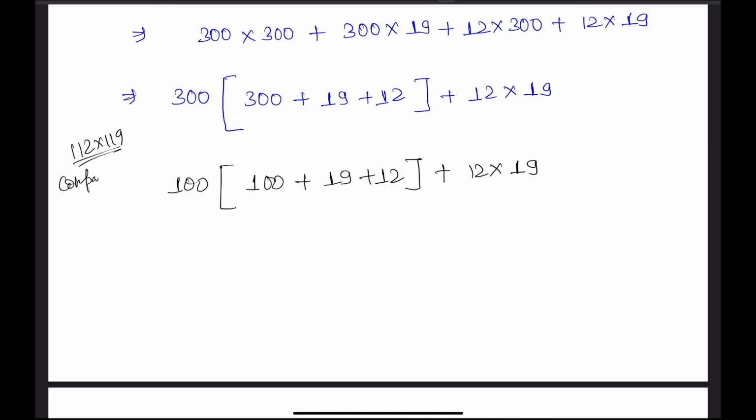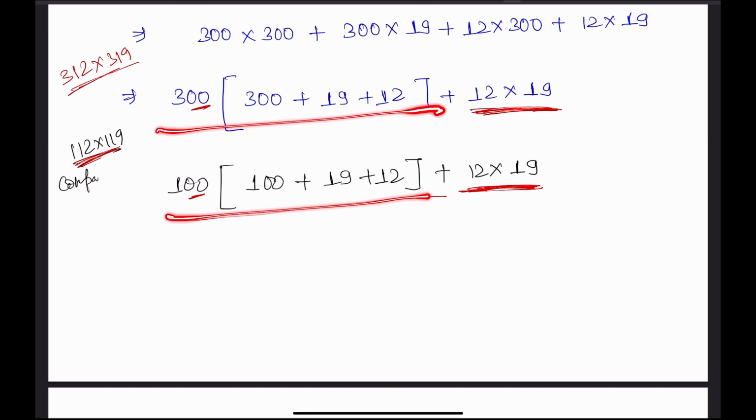Let's try to understand what the similarity is. Can I not say that this is similar? These two parts are going to be similar, no matter if it is 312 into 319 or 112 into 119. This part is not going to change, and this 20 will make sure that whatever this part is, I don't care what its value is.